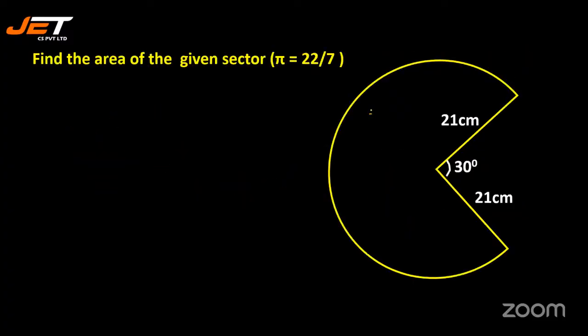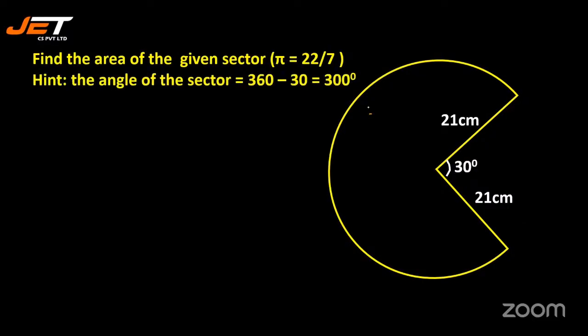Here we have: find the area of the given sector. You can see this sector, which means the angle of the sector is 360 minus 30. Right?